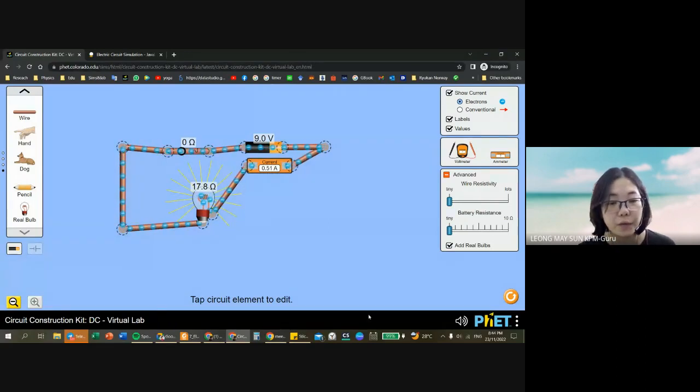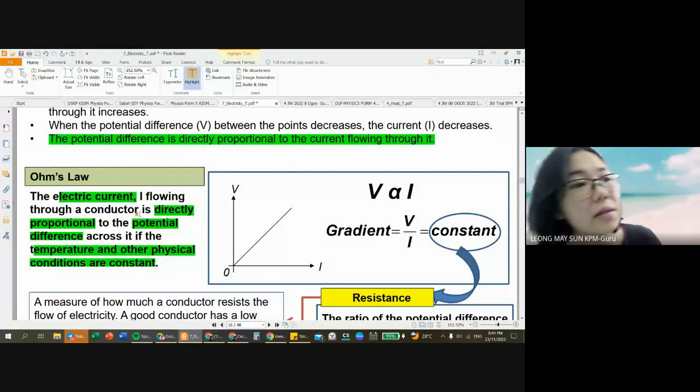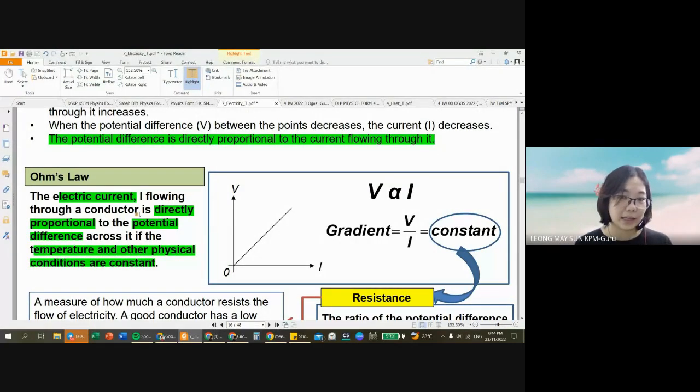Okay, so for conductors that obey Ohm's law, the electric current must be directly proportionate to the potential difference, with the condition that the temperature and other physical conditions, meaning the cross-sectional area of the wire and the type of wire used, are all constant.